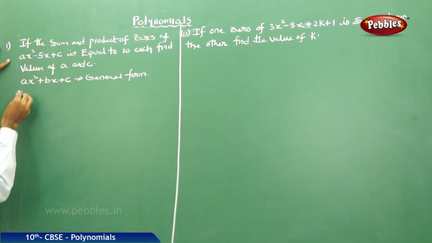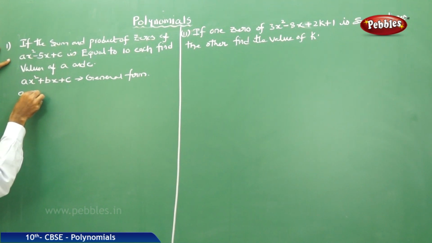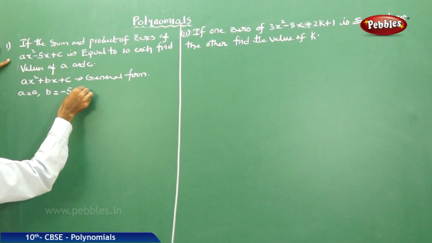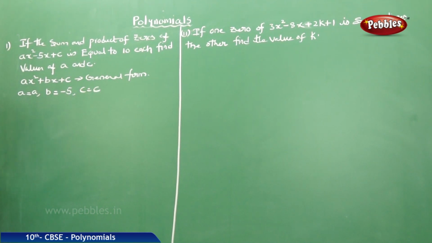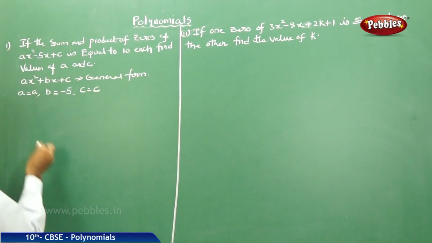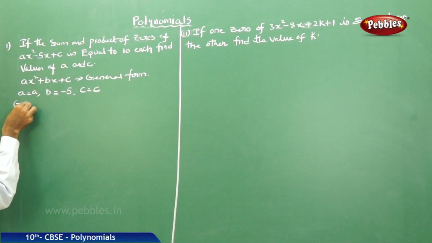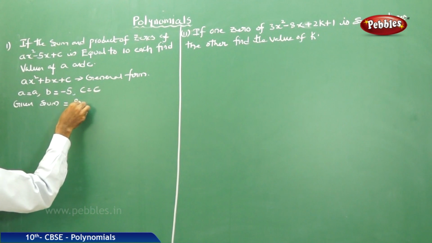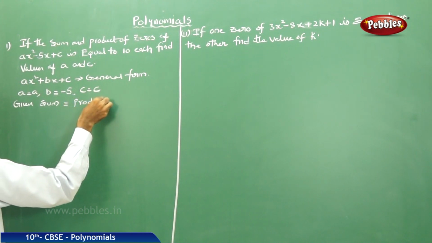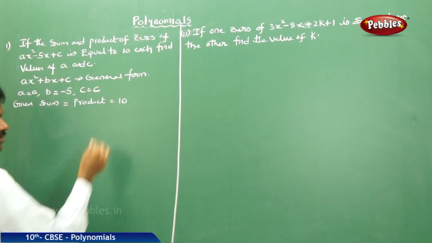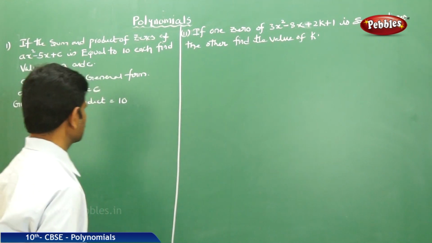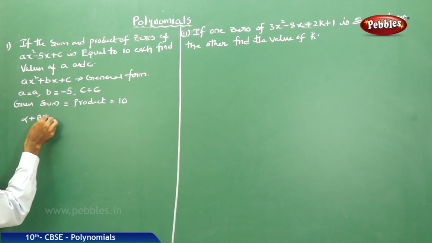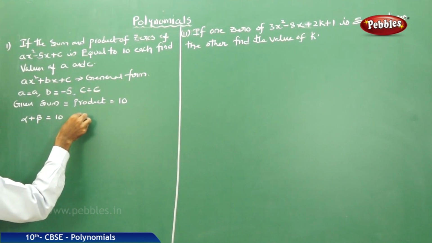Now compare the coefficients. The a value is a only, the b value is minus 5, and the c value is ac. After that, given sum equal to 10 and product equal to 10, that is alpha plus beta is equal to 10.